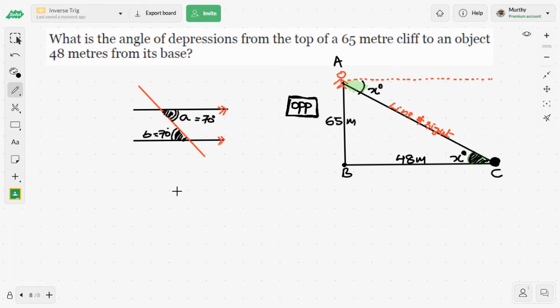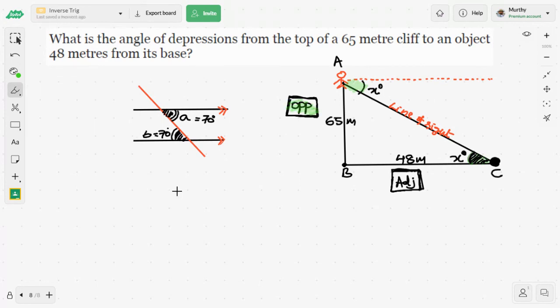Please remember, the side which is taken next to the angle is known as adjacent. Adjacent, right? Now think of SOHCAHTOA. Already we discussed in the previous lesson which ratio we have to take. Now think for a moment.